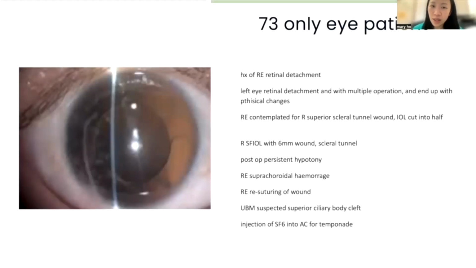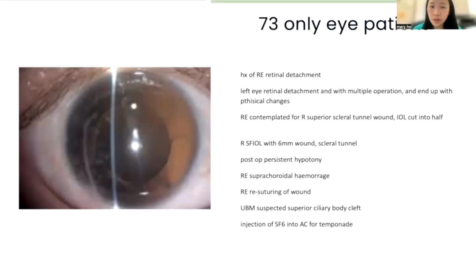Given this is the only eye of the patient, I went in a few times for injection of the anterior chamber and suturing all the wounds, but still the IOP was not coming up. In the end, we performed UBM in this patient and found that there may be a small iris root or ciliary body cleft causing the excessive drainage, because when I created the scleral tunnel wound in this eyeball, 25 millimeters long, maybe there was trauma to the ciliary body or iris root.